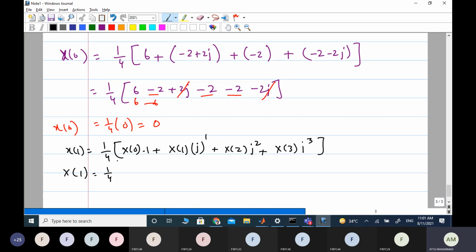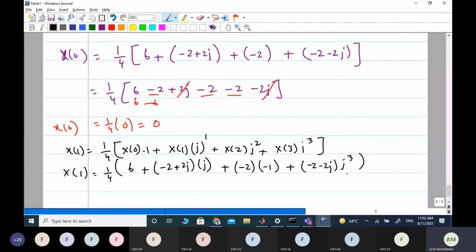We have 1 by 4, and x of 0 is 6 times 1 is 6, plus we have minus 2 plus 2j times j, plus x of 2 is minus 2 and j square is again minus 1, plus x of 3 is minus 2j times j cube.